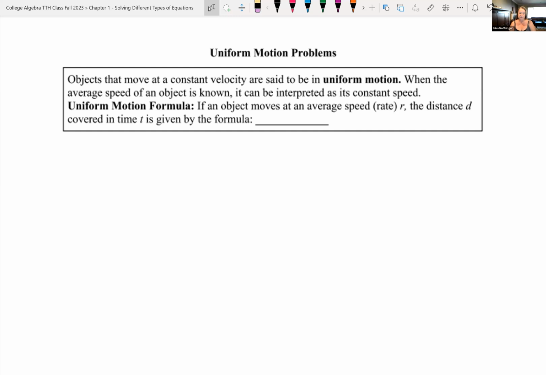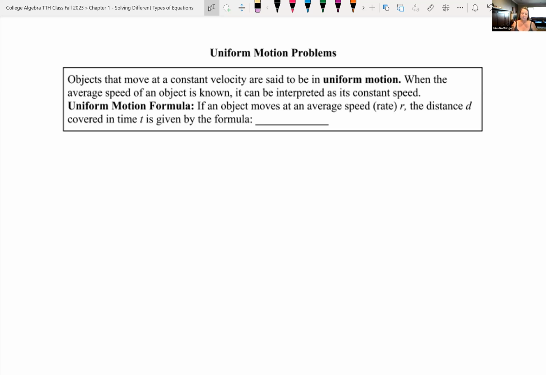So now looking at uniform motion problems. So let me just read through this and then we'll talk about it and look at a problem. So objects that move at a constant velocity are said to have uniform motion. When the average speed of an object is known, it can be interpreted as its constant speed. Uniform motion formula.